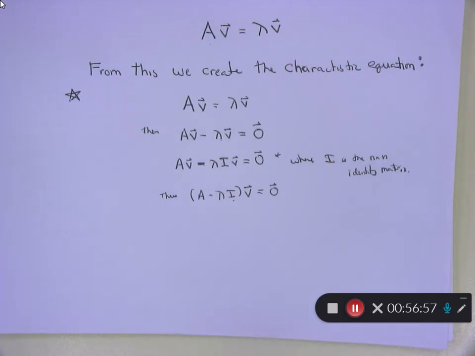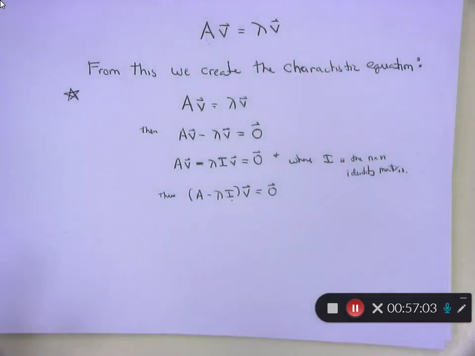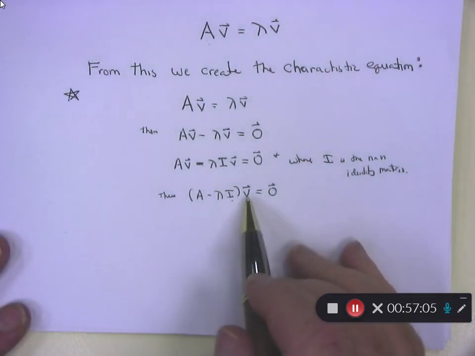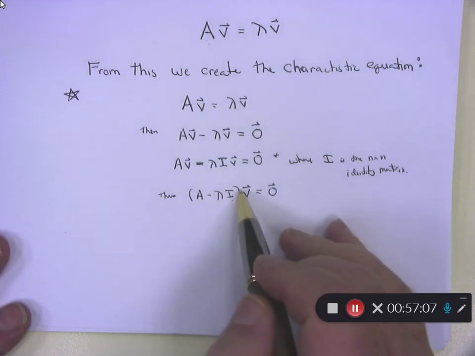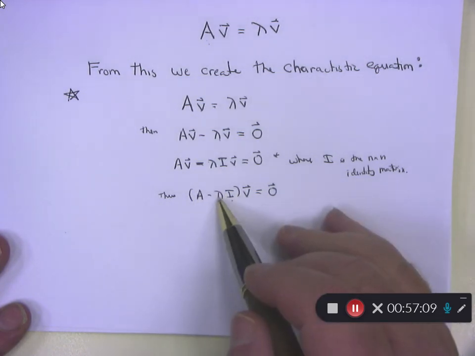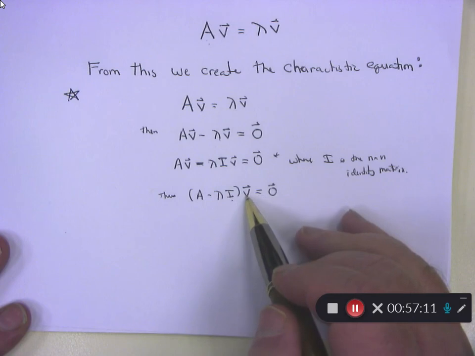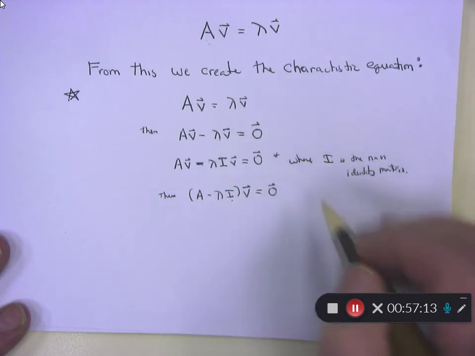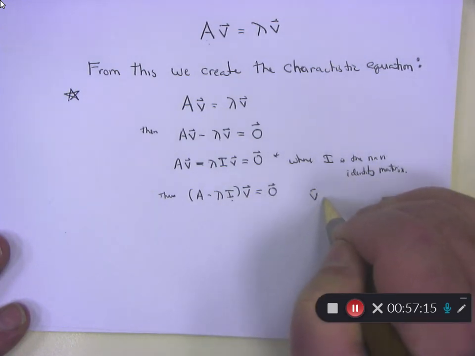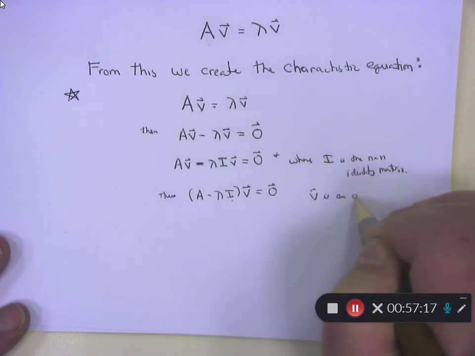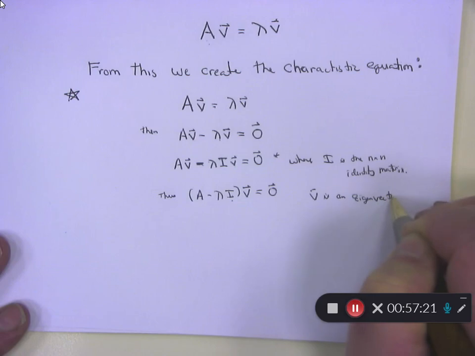Now, here's the deal. If I wanted to solve this, this is now a matrix. What happens when I take a matrix, multiply it times vector V, and I set it equal to 0? Now, V is an eigenvector.